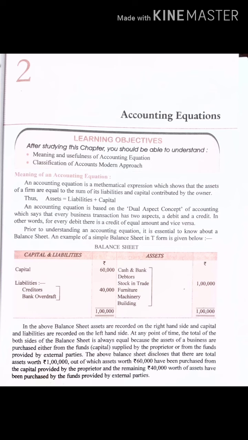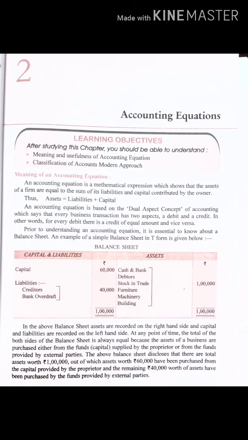What is capital? Investment by the owner plus liabilities. Now what do you mean by liabilities? That means external liabilities to whom we are going to pay, like creditors, if we pay any bill. Whatever we pay, those are liabilities. So assets are equal to capital plus liabilities.